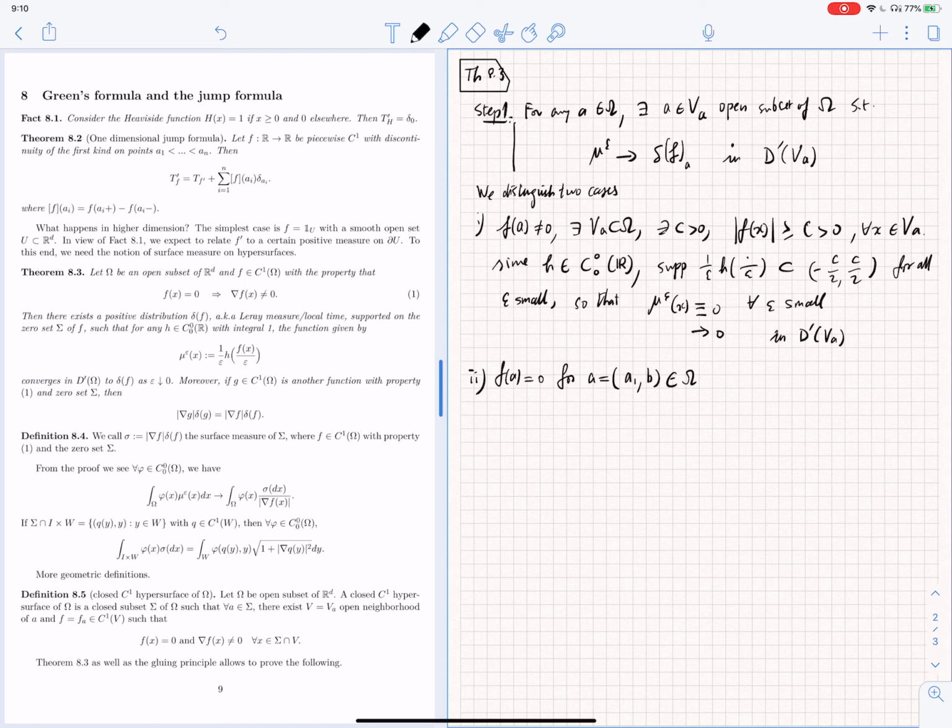It's a point in omega. And we know that the gradient of the function f on the zero set doesn't vanish, right? So in particular, we know that one of the partial derivatives is not 0. So without loss of generality, we can assume that the first partial derivative is different from 0.